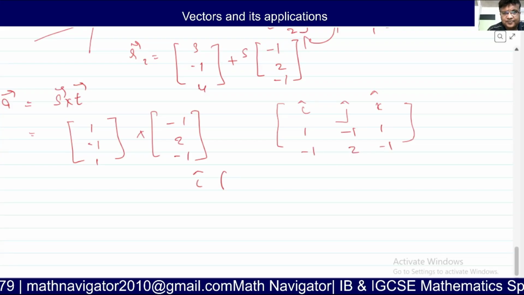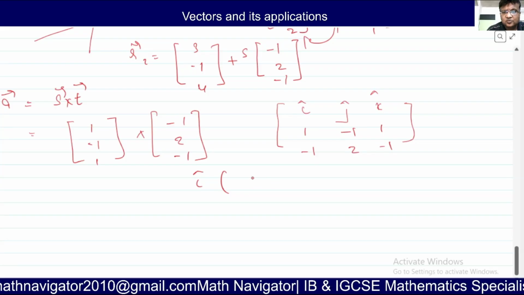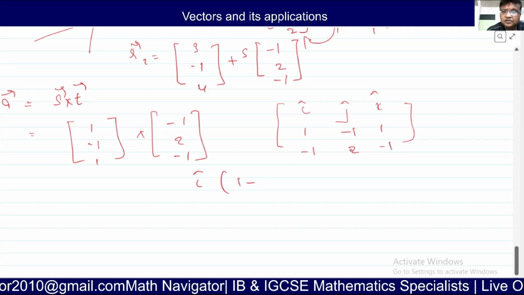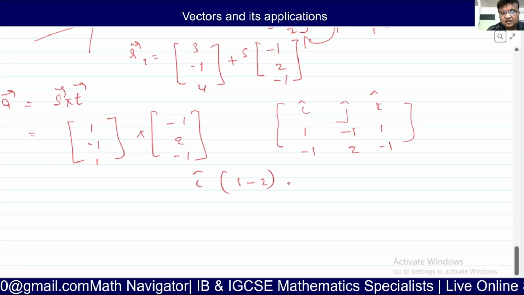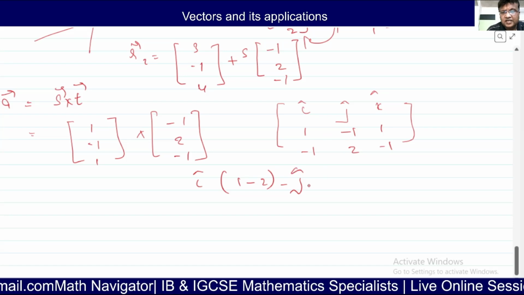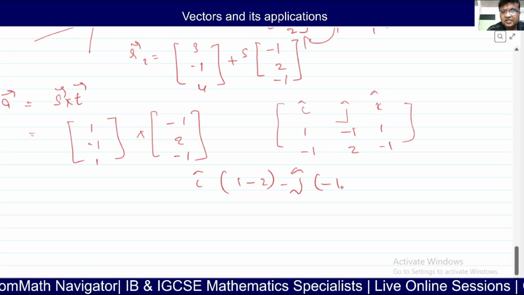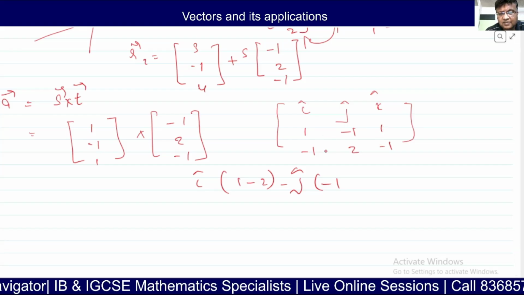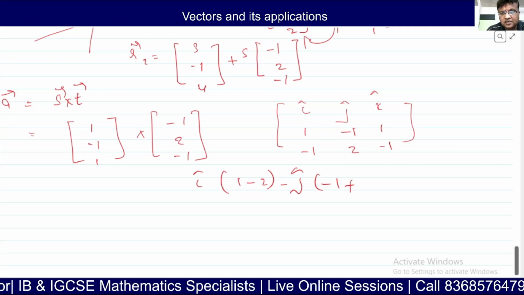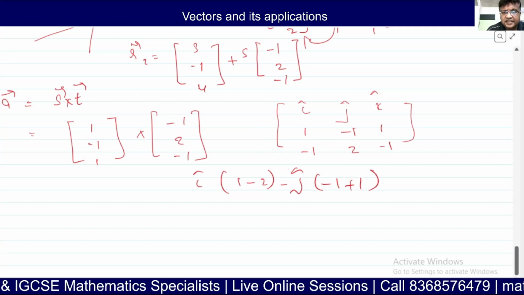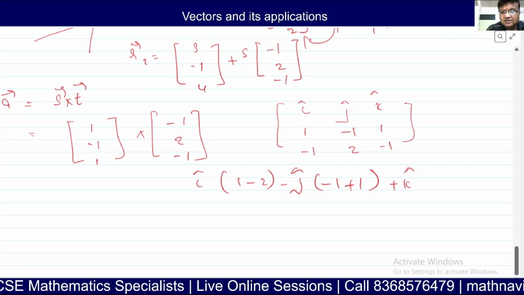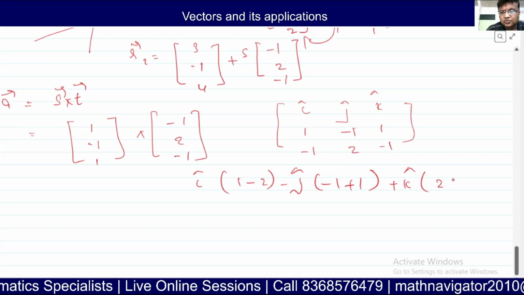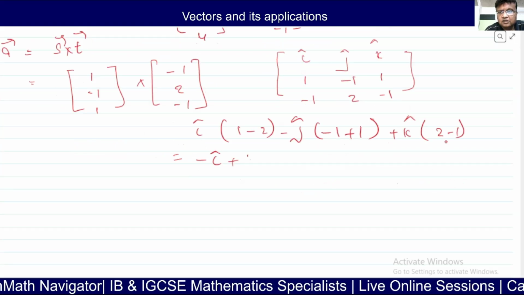So I cap, then minus 1 times minus 1 is 1, minus 1 times 2 is 2, minus j cap. 1 times minus 1 is minus 1, minus of minus, that is plus 1, right? Then k cap, 1 times 2 plus 2, right?